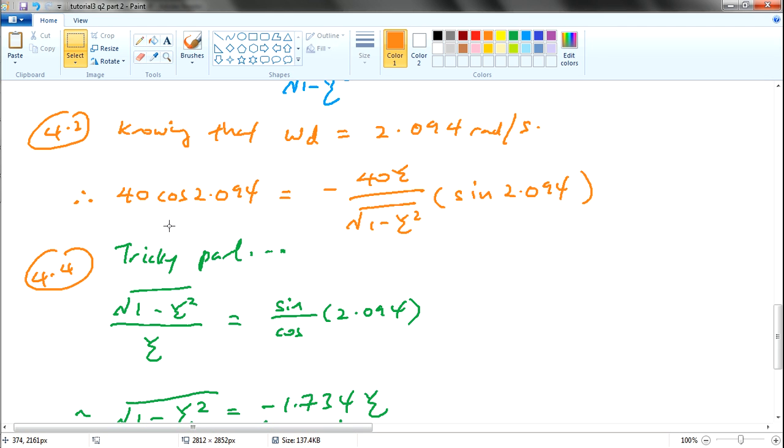So that's why it is sine divided by cosine 2.094, this one comes up, and the 40 and damping factor go down, and therefore we have this term over here.